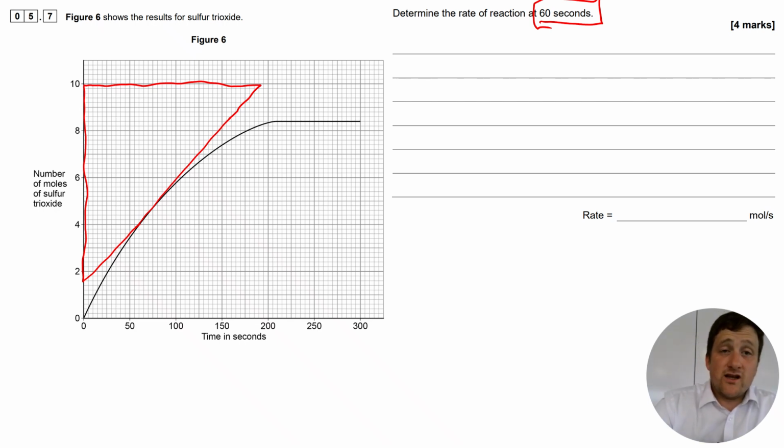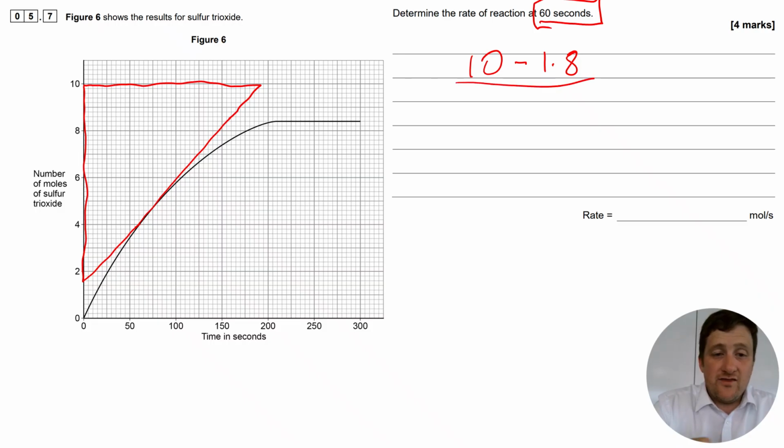And then we have to work out what's the value. Well, I think with my beautiful drawing, we're going to have 10 take away 1.8 from my y-axis. And then we're going to have 180, take away 0 with my x-axis.